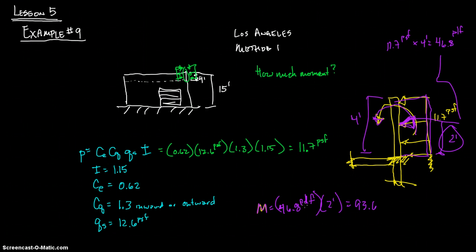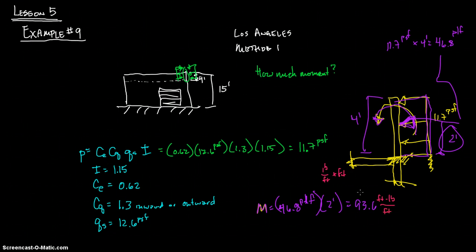It's actually just pounds, but what I like to do is write it a different way. If you say that's pounds per foot times foot, the way I like to look at it is foot-pounds, which is your moment per foot.